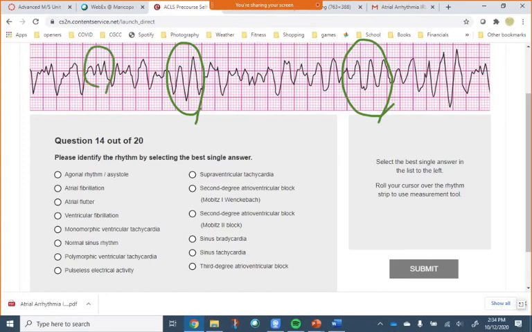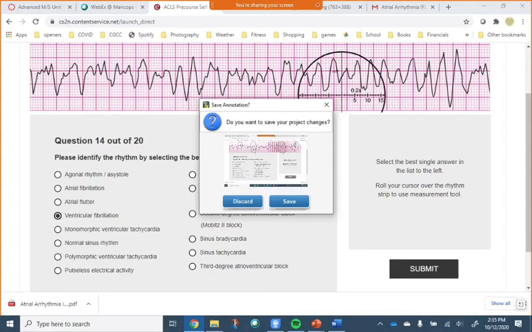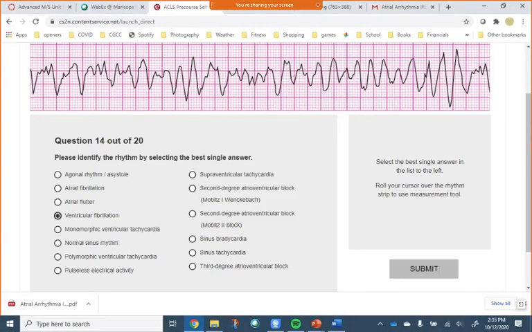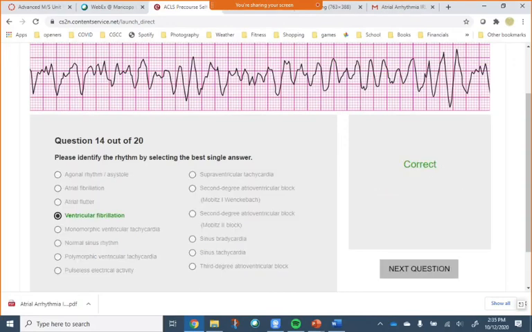But we've got these little guys going in here. We've got all these random things. We're going to call this a VFib. And it doesn't really matter because when we go in and look at this, the patient is dead. So we're coding them anyway. You're going to go in and check a pulse on this patient, whether it's VTAC or VFib, and when you check a pulse, it's gone.